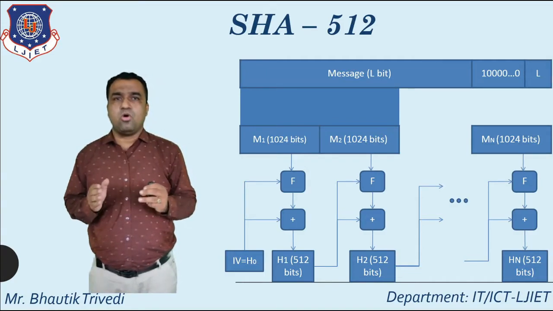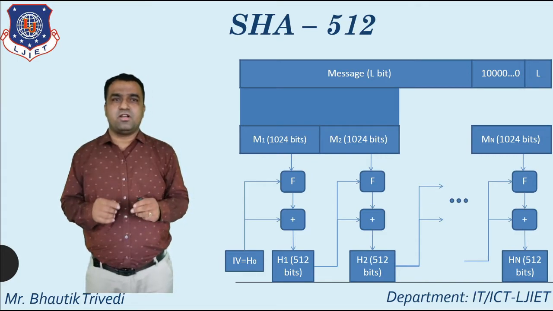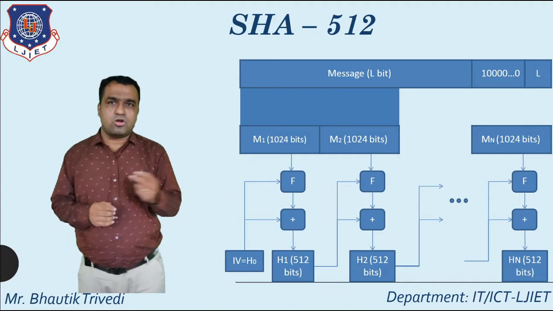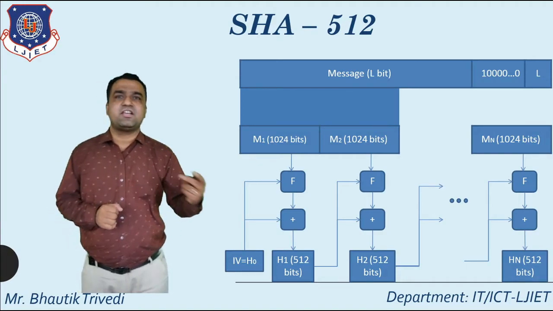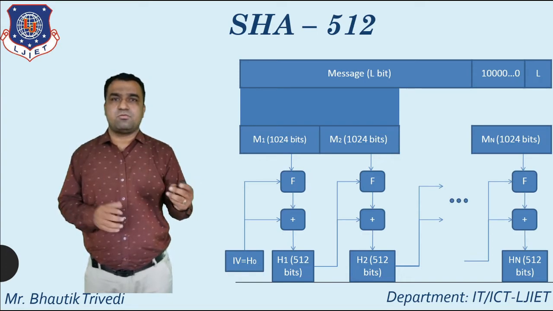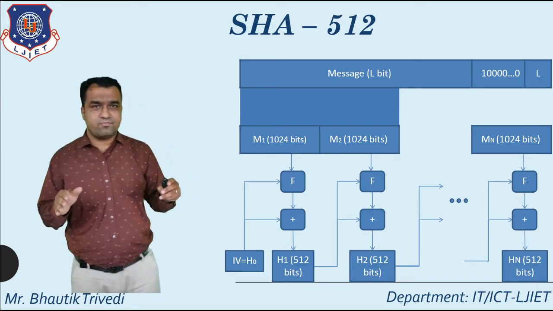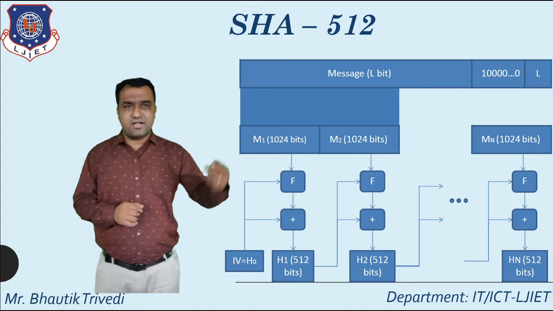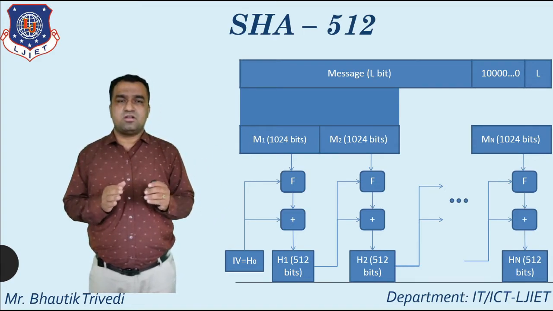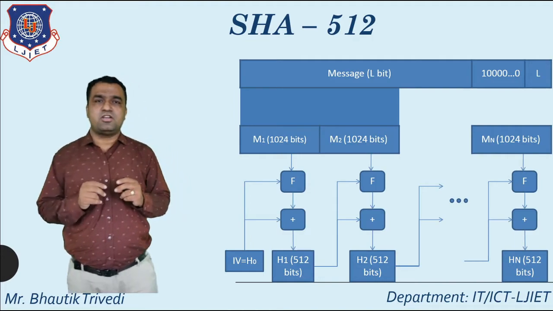Whenever you operate steps 1 and 2, row number 1 in the diagram directly demonstrates steps 1 and 2. Again I repeat, message of L bits, after that you append the padding, then you append the length. That's all about steps 1 and 2.